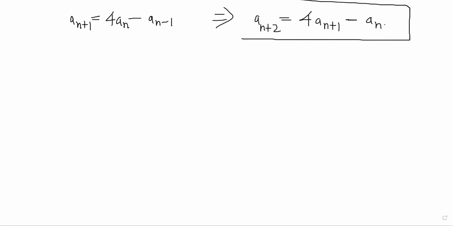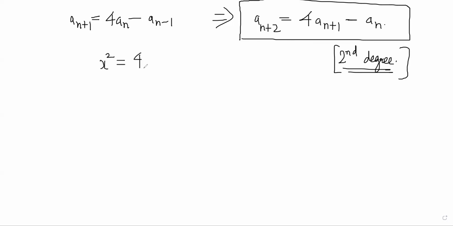Now notice that this is our general form of a linear homogeneous recurrence of second degree. Second degree linear homogeneous recursive sequence, right? So our characteristic equation here is going to be x^2 = 4x minus... not minus 4, it will be minus 1, obviously.